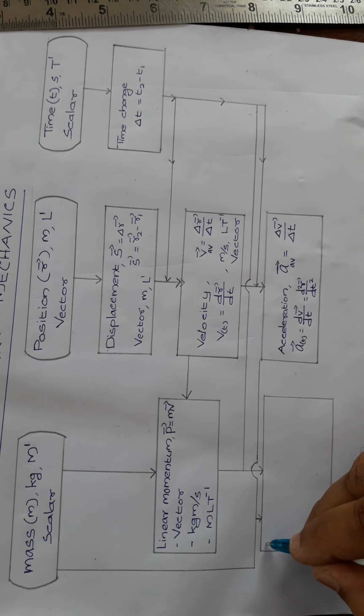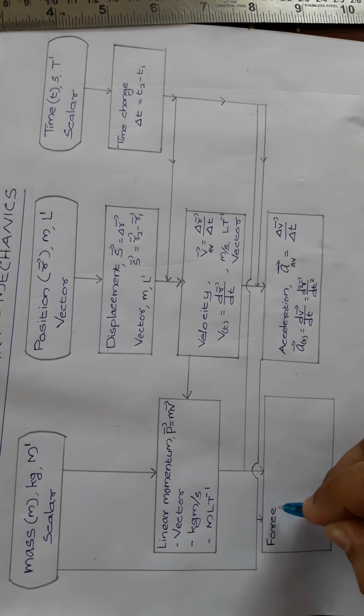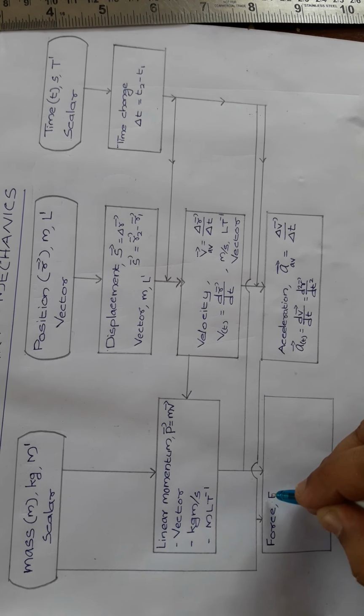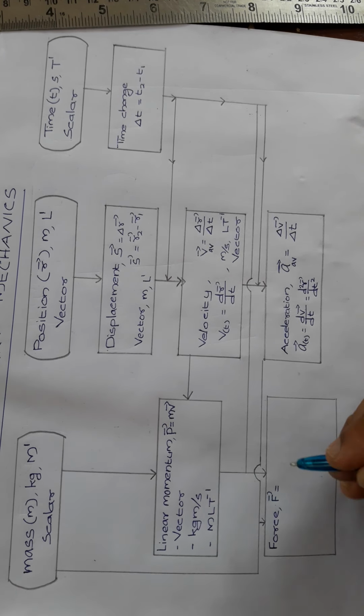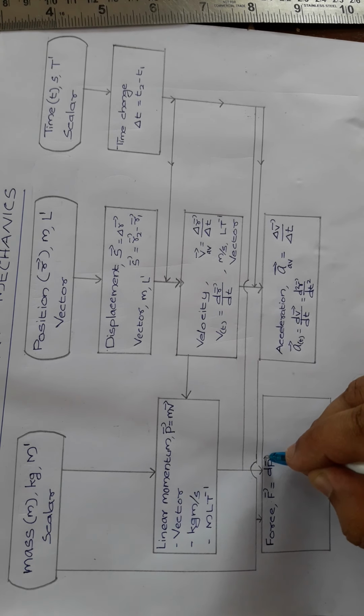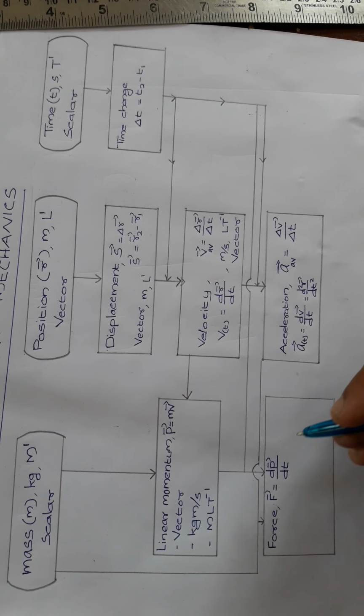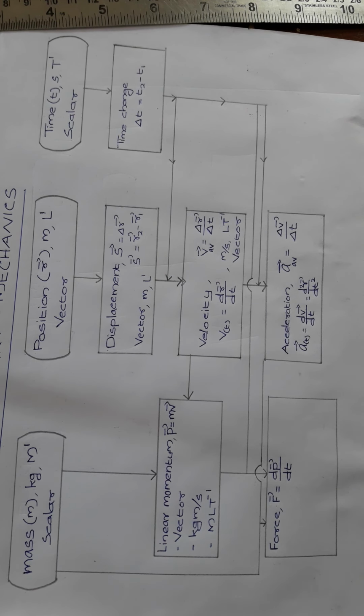So the force acting on an object is defined as the rate of change of momentum, that is dp divided by dt. This is the law which we learn as Newton's law of motion, the second law of motion.